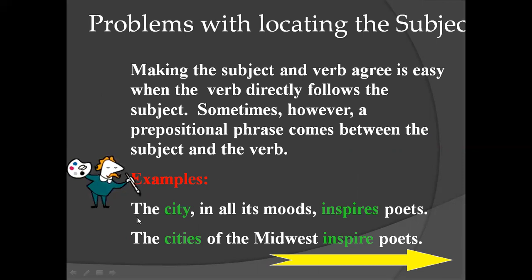For instance, the city, that is the subject, in all its moods, that is a prepositional phrase, inspires poets. You can also say the city inspires poets. Here, in all its moods is additional information about the city.